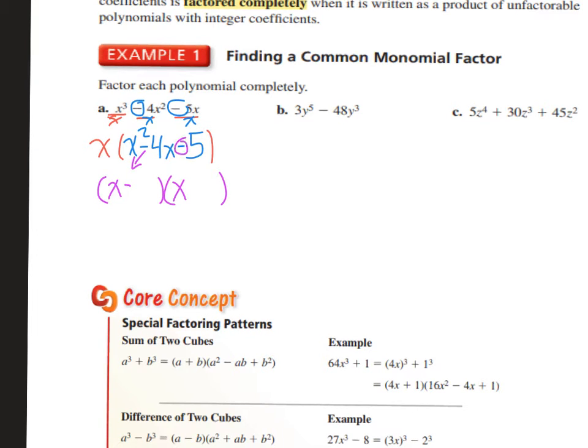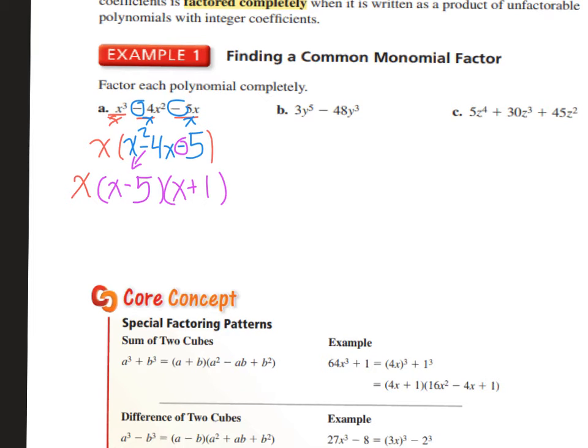I notice it's a negative here, so I have to do the opposite. And now we can just fill in with the numbers that are the factors. So what 2 things multiply to give me negative 5, but add up to a negative 4? That's going to be a negative 5 and a positive 1. And we can't forget about the x from the very beginning. And boom, we are done.